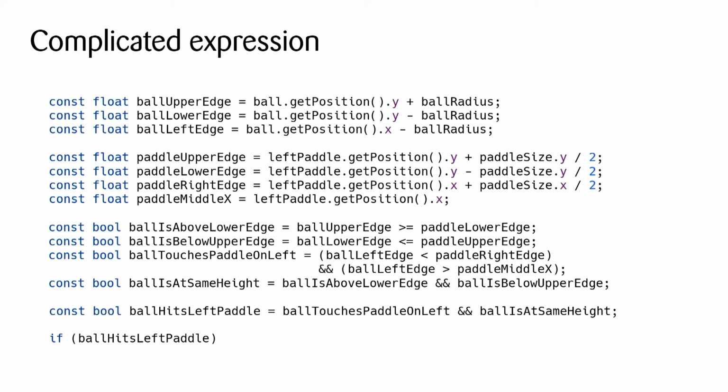And if you do this, then you see something that is quite odd in the line "ball touches pedal on the left", that has the break and the end condition. The ball touches the pedal when the left edge of the ball is smaller than the right edge of the pedal. It means it doesn't only touch the pedal, it has already moved into the pedal. I don't know whether that is actually the way they wanted to do this.